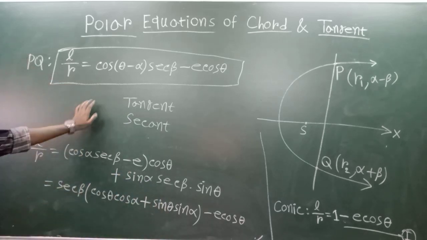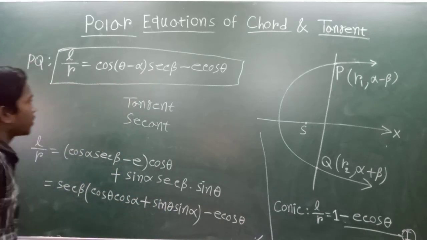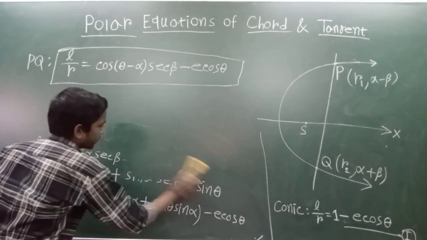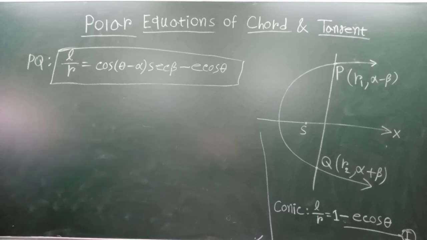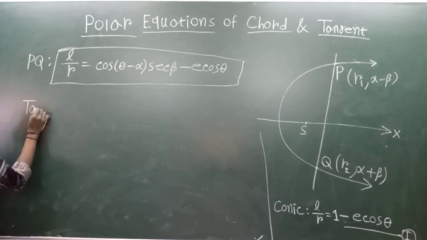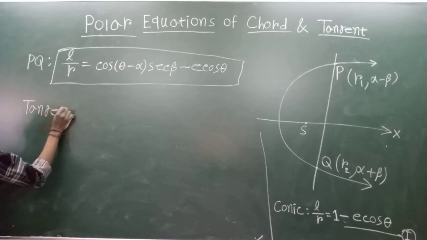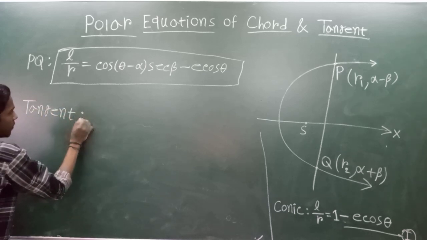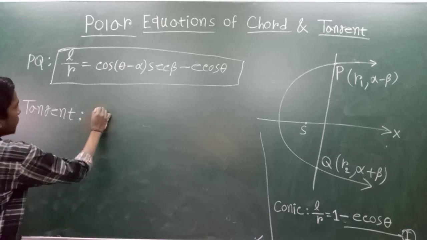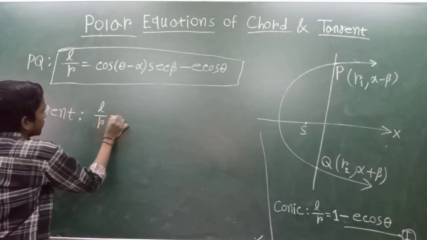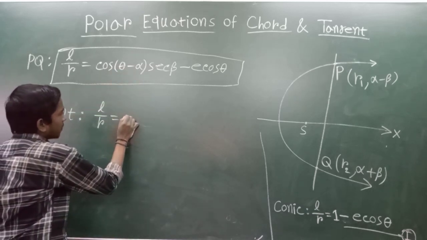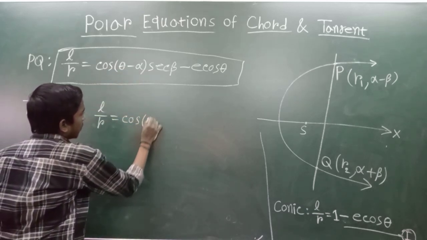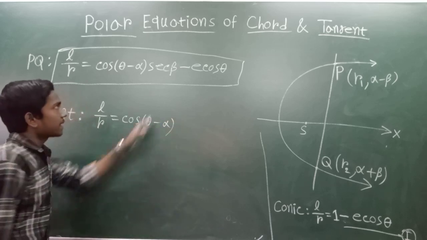Okay, so if we put beta is equal to 0 in this equation, we will obtain the equation of tangent. So the equation of tangent is L by R is equal to cos theta minus alpha into sec beta.